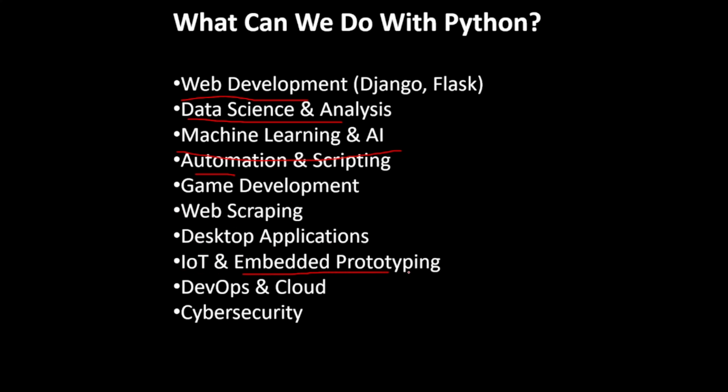Yeah, we can program embedded systems using Python, right? Then we have DevOps and cloud, and at last security, cybersecurity. Nowadays these are the fields where Python is more frequently used. Almost every field when it comes to computer science and engineering, right?